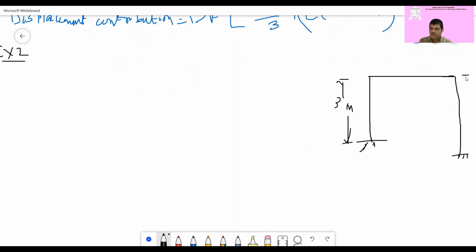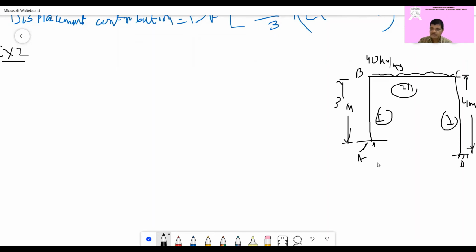This height is given as 4 meters. There is a UDL of 40 kilonewton per meter. Let the joints be A, B, C, and D. It is given 2I, equal to I, the moment of inertia of the column. That is I. And this span is given as 6 meters.